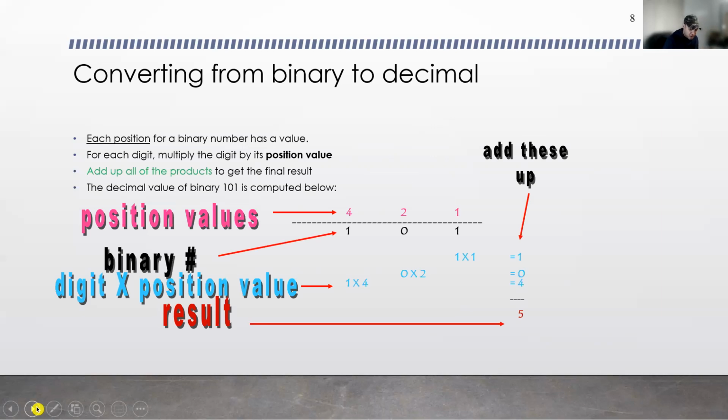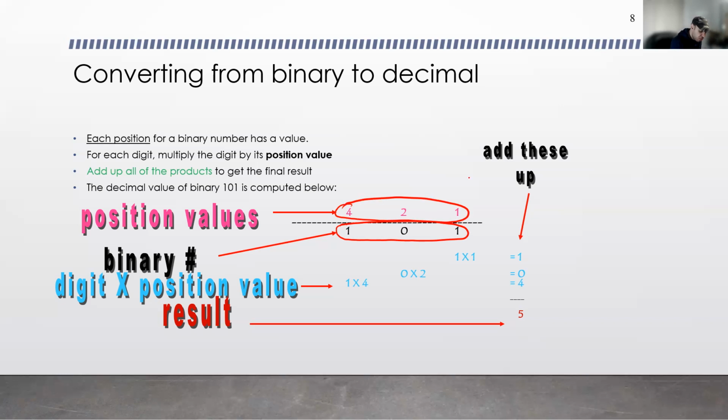Basically, you write down the columns, and you multiply then add. Like, for example, the 101 example. This is the number that we want to convert, 101. And here are the columns, or position values, or the weights. Call it whatever you like.